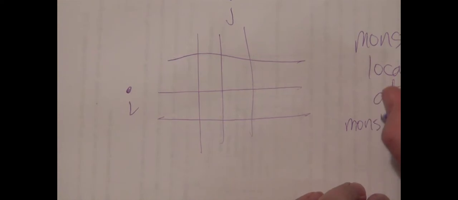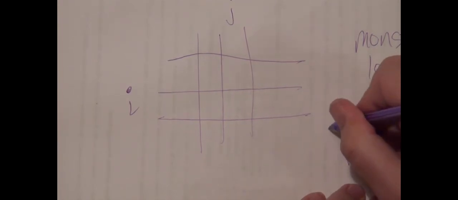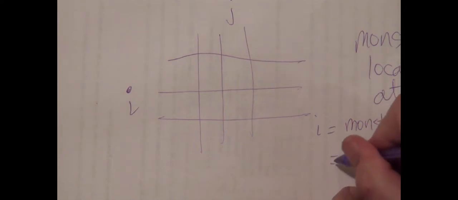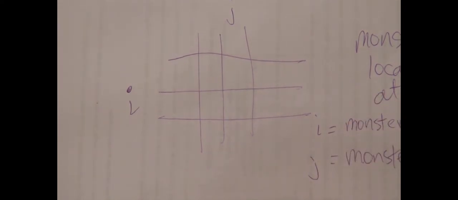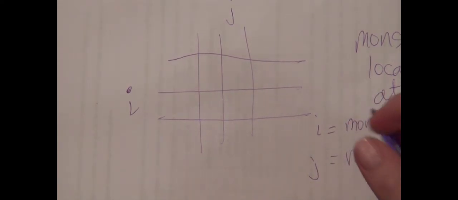What would be a better name? Maybe monster row, monster column. That's going to be way too long to write. So just for now, I'm going to use I and J, just to give you an idea of the positions.